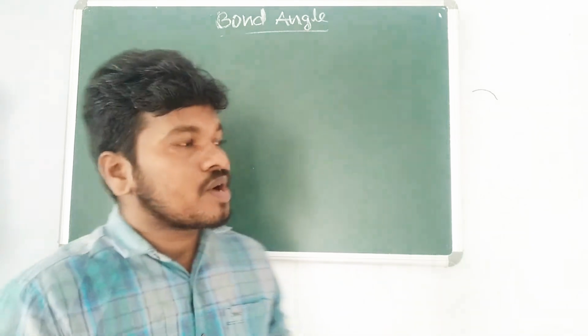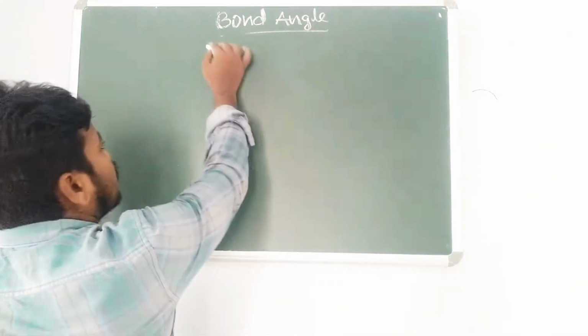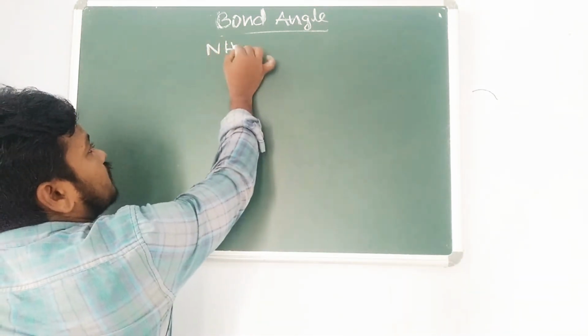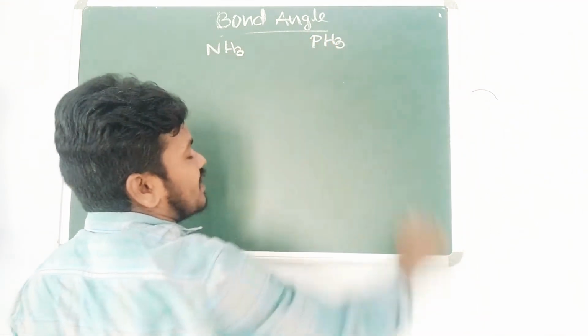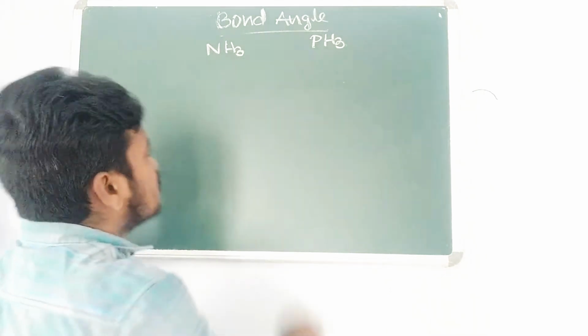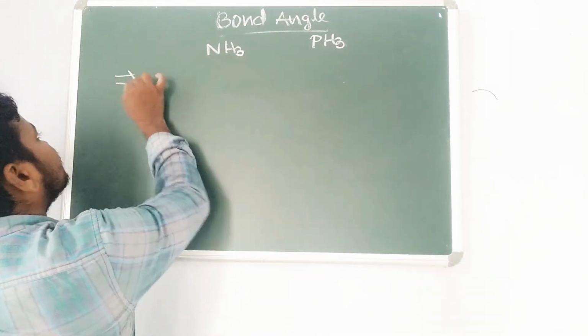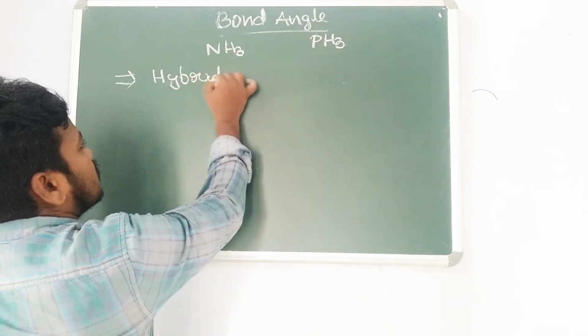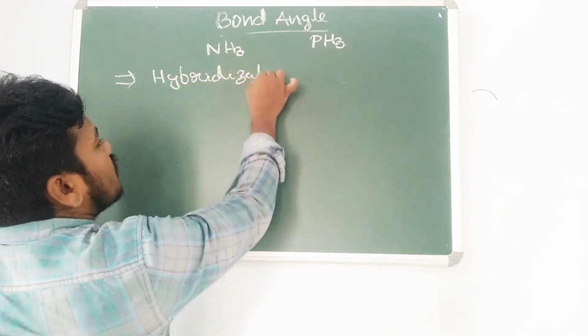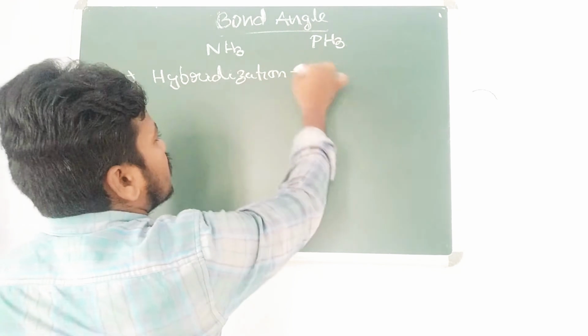Now see, if you want to compare the bond angle, for example NH3 and PH3, to know which is having the more bond angle and which is having the less bond angle, first you have to know the hybridization. What is the use of hybridization?